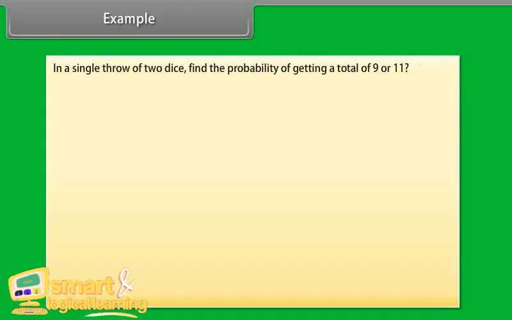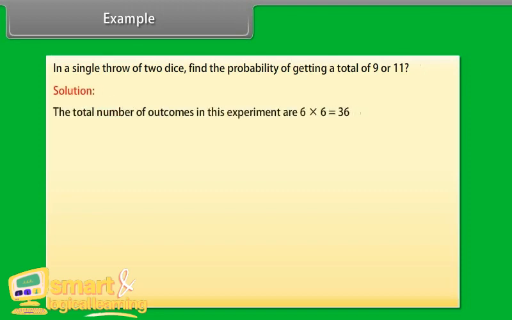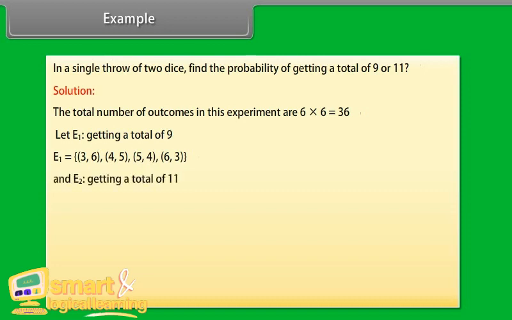In a single throw of 2 dice, find the probability of getting a total of 9 or 11. Solution. The total number of outcomes in this experiment are 6 into 6 is equal to 36. Let E1 be getting a total of 9. E1 is equal to (3,6), (4,5), (5,4), (6,3), and E2 getting a total of 11.